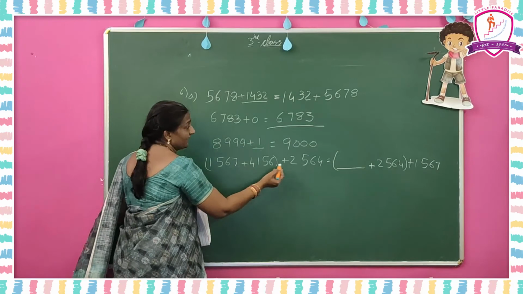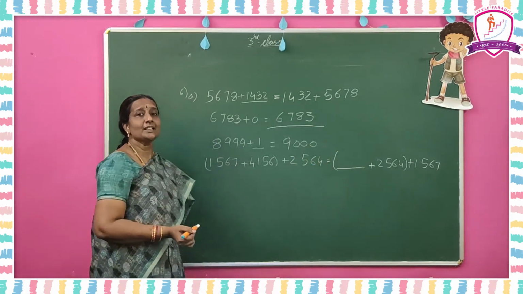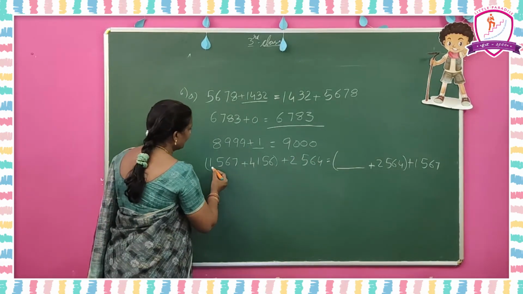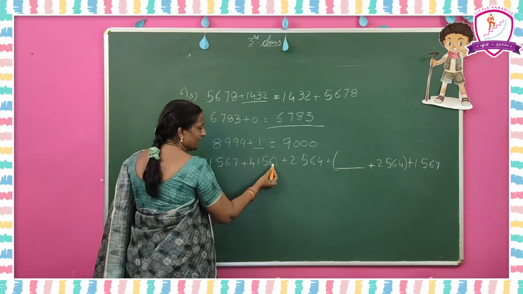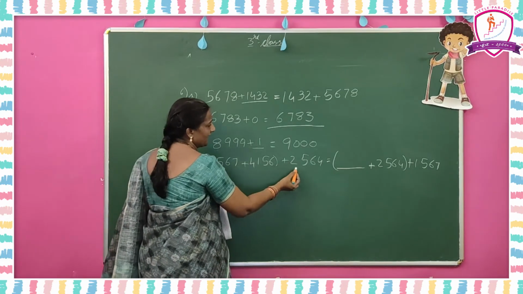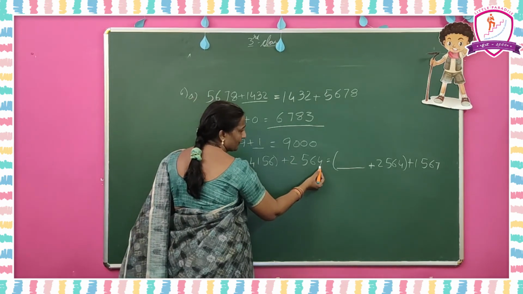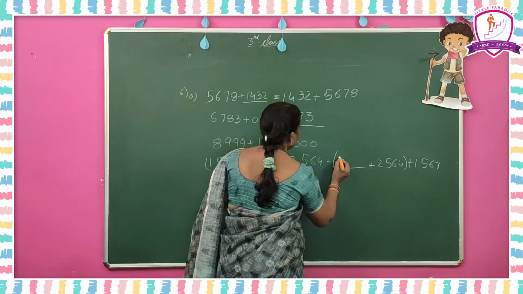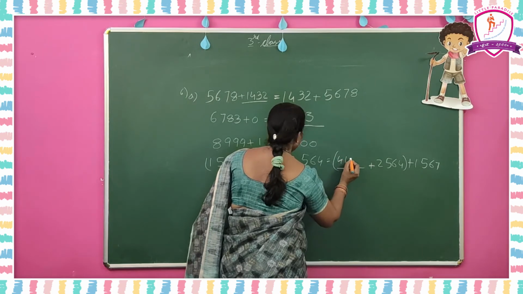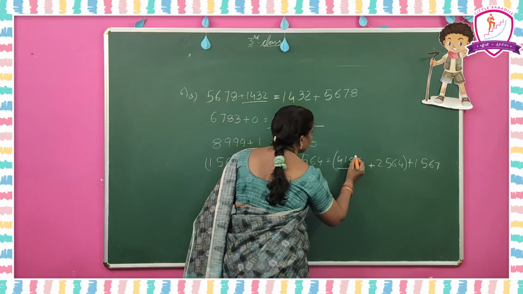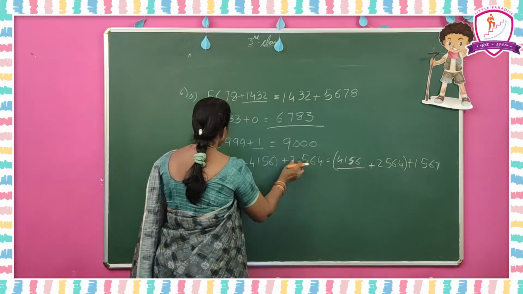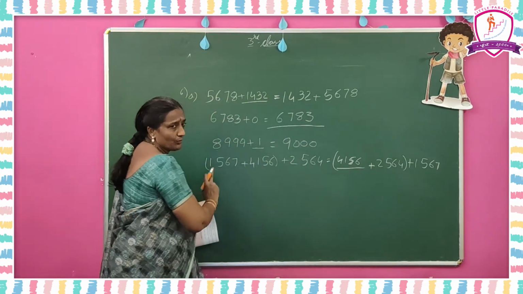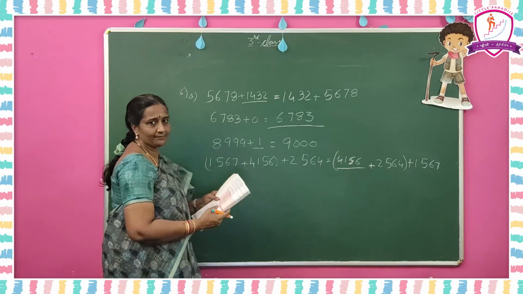Here we have three numbers. That means we are using grouping property. Here 1567 plus 4156 are added and then add 2564. It is equal to 4156 in the blank. If we group these two numbers and then add this number, we get the same answer.